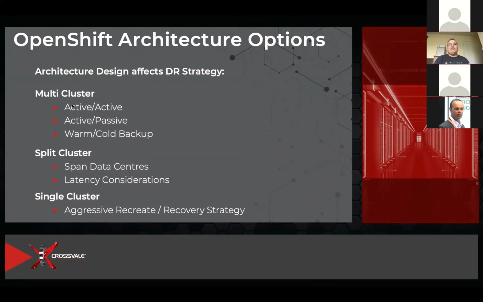That's ultimately the high-level breakdown of where your DR strategy should start. Each has its pros and its cons, and we'll walk through each of these in more detail in the next few slides.